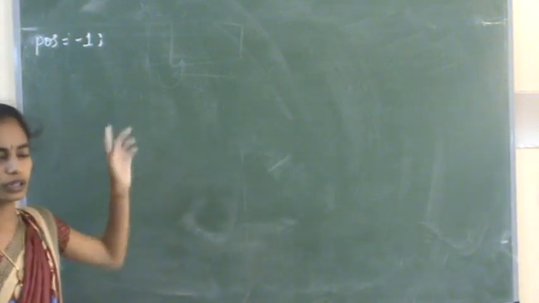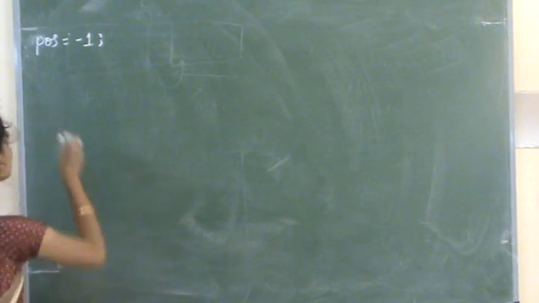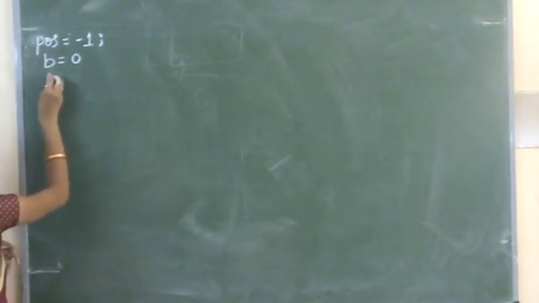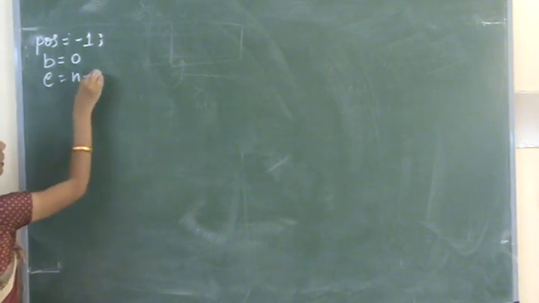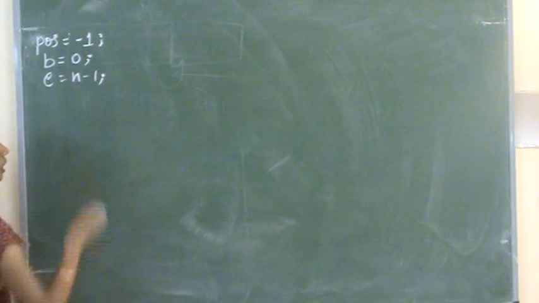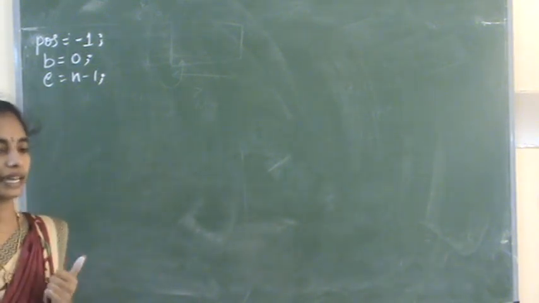I told you why previously, right? Then I am considering beginning as 0 and ending as n minus 1. This is the condition we have to apply before starting the main code.